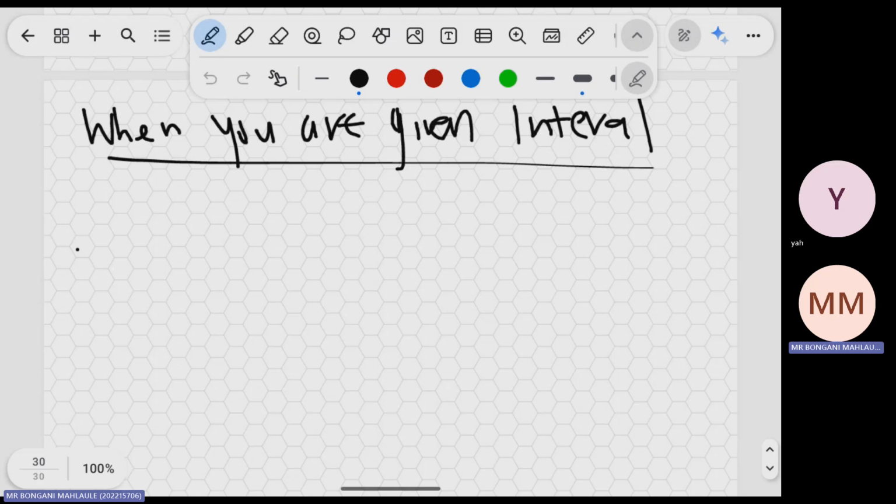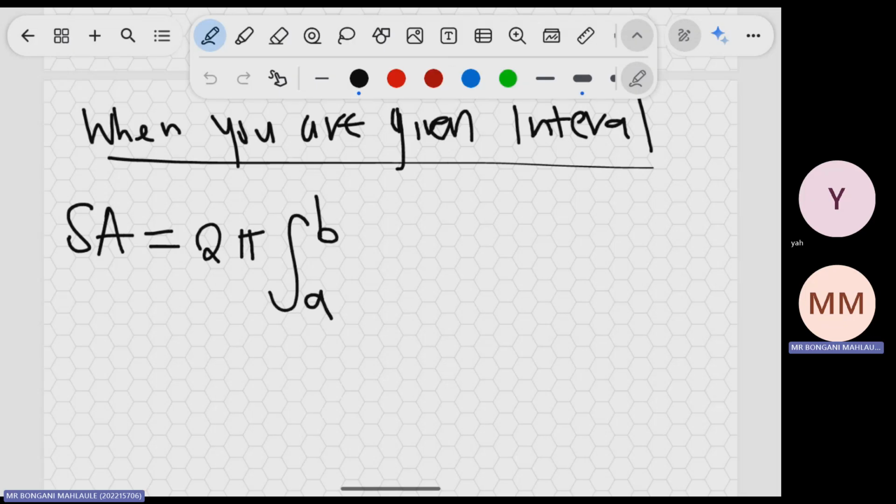Surface area, they wrote S on your guide, let me say SA. Surface area is 2 pi the integral from a to b of the function that will be given times the root of 1 plus the derivative of that function squared.